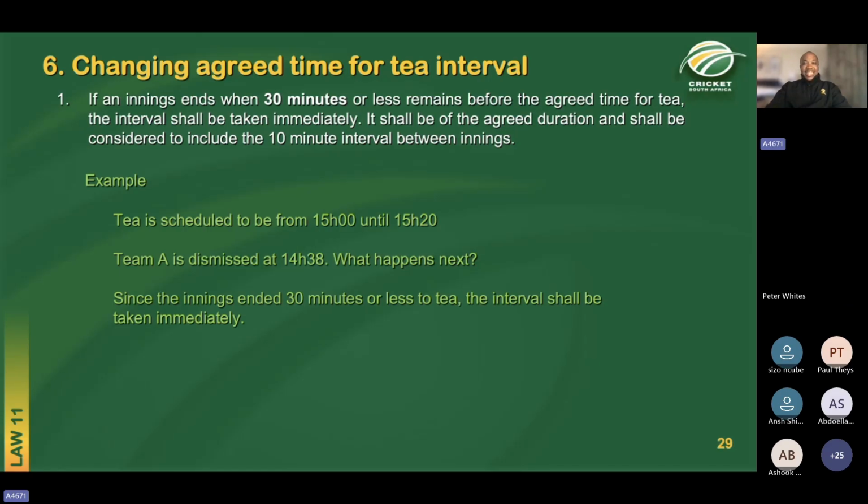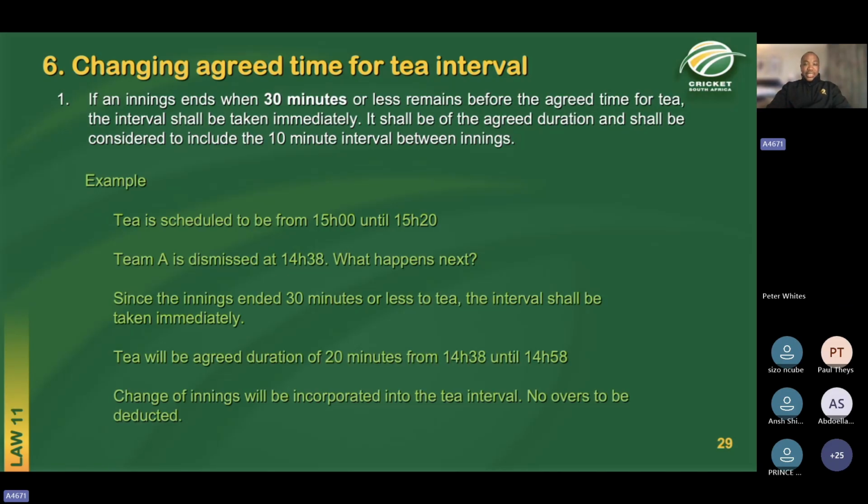Since the innings ended less than 30 minutes before the scheduled tea break, the tea interval shall be moved and taken immediately at 14:38. Tea will now be from 14:38 until 14:58 because it remains its agreed duration of 20 minutes.